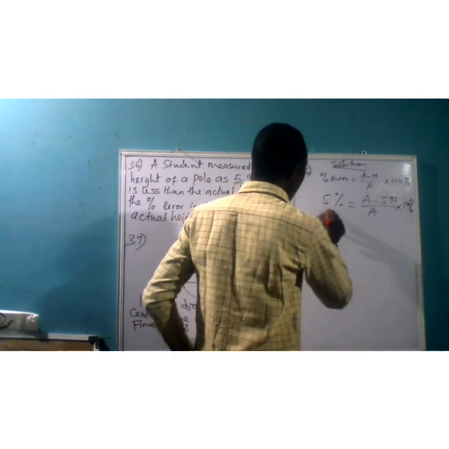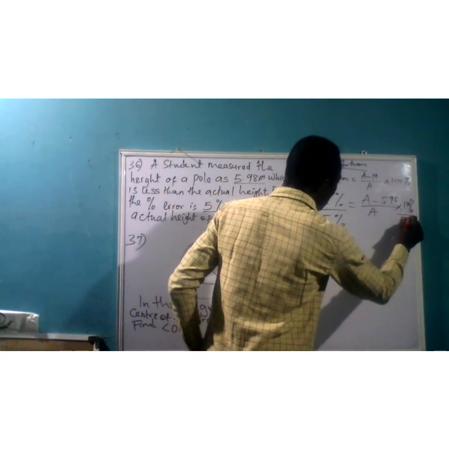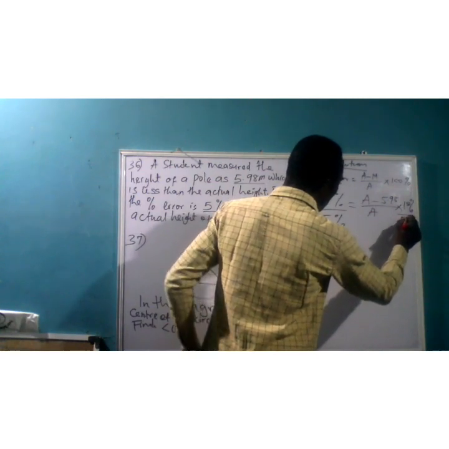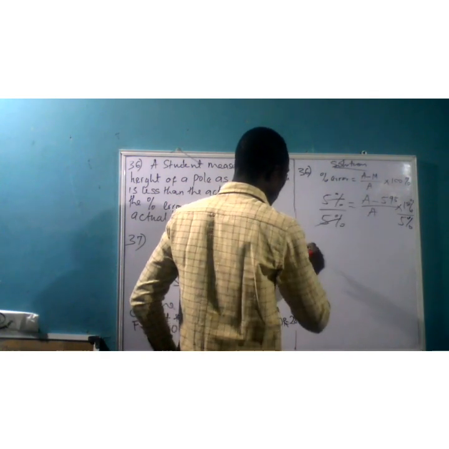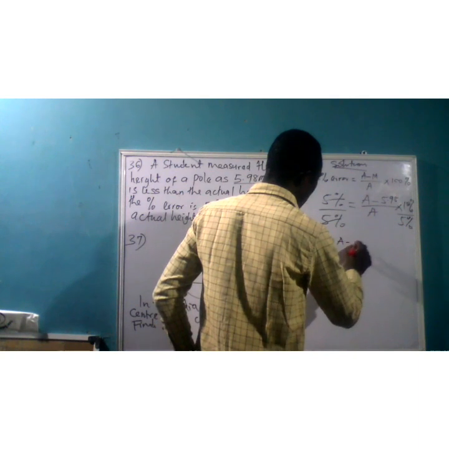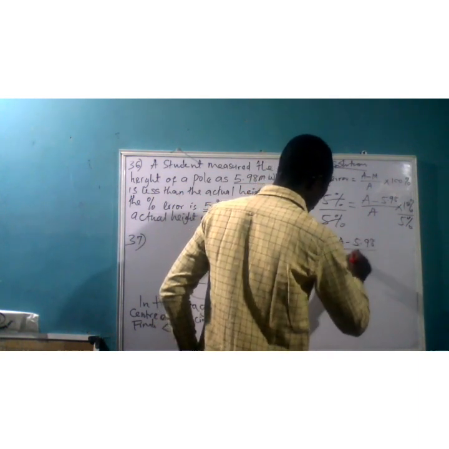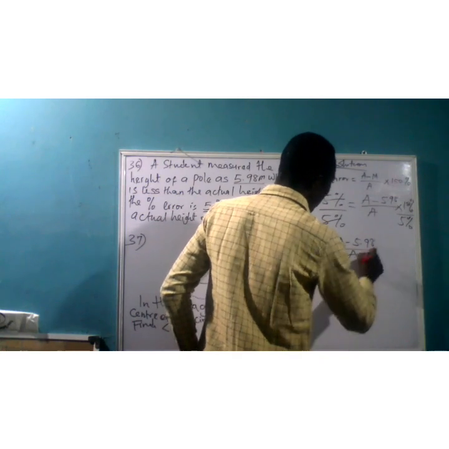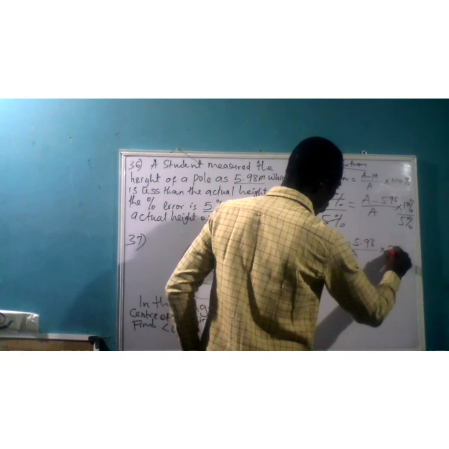If you divide both sides by 5%, you have 1 equal to actual height minus 5.98 all over actual height.